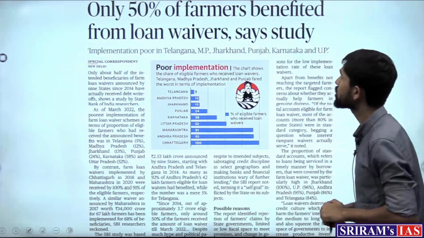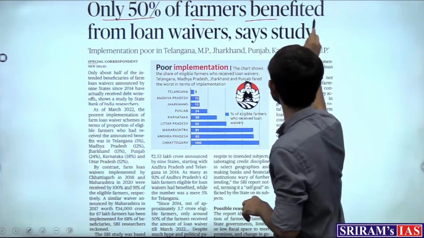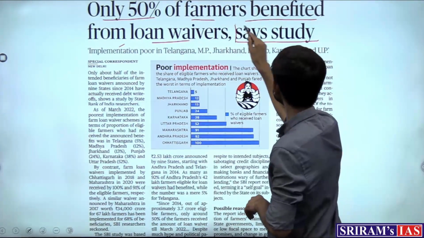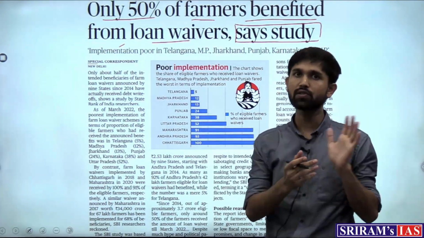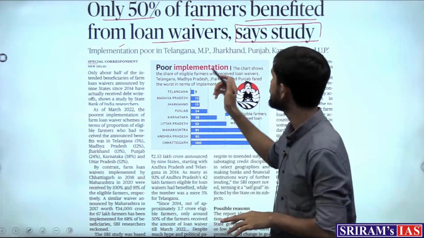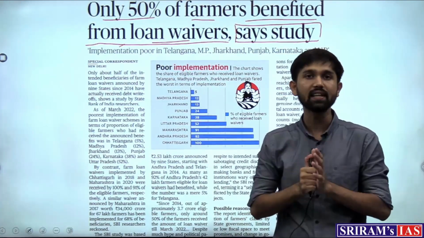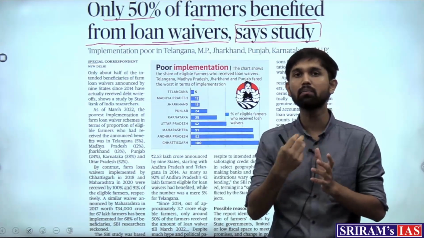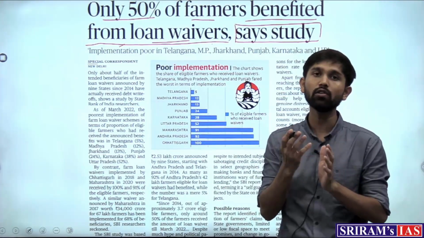The next article which appears in the newspaper reads, only 50% of the farmers benefited from loan waivers, says study. Now this article brings in to highlight the concept of farm loan waiver, right, which we keep seeing in the news quite a lot, and the concept of farm loan waivers is used by either the central government or the state governments especially to ease the economic burden of the farmers, and we see that this is generally seen at the onset of elections.